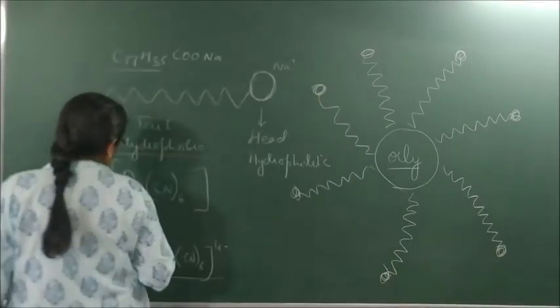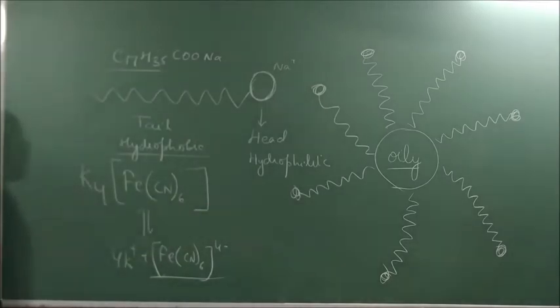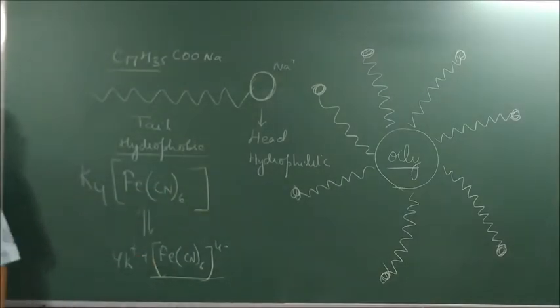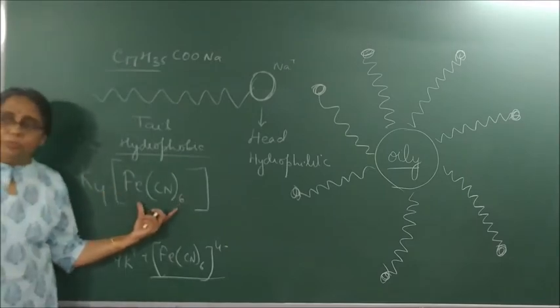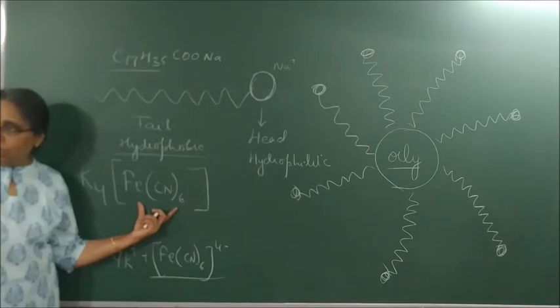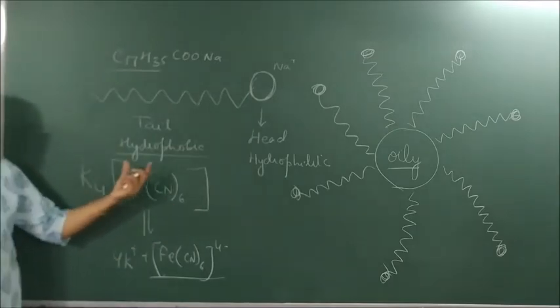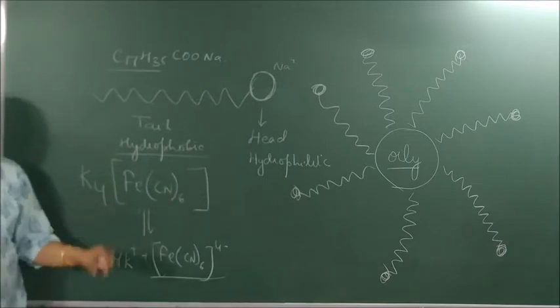Anything written within the square bracket, which consists of a central metal atom and a fixed number of donor atoms, is called the coordination sphere. This is the non-ionizable part of the complex ion. Anything which has to be ionized has to be written outside the square bracket.